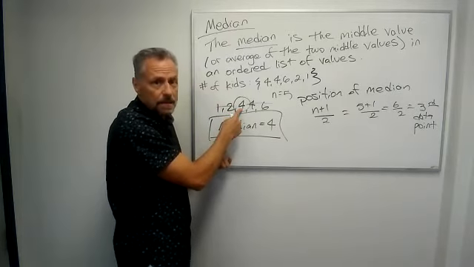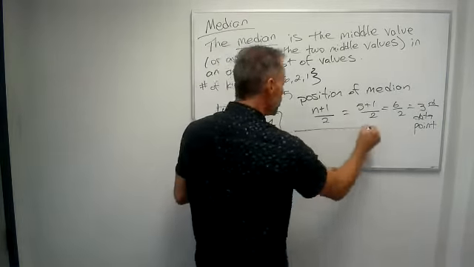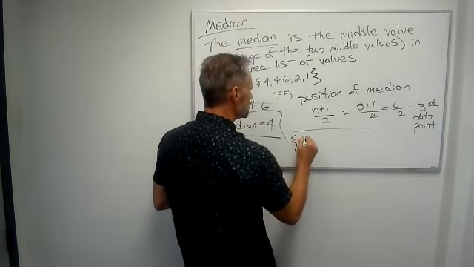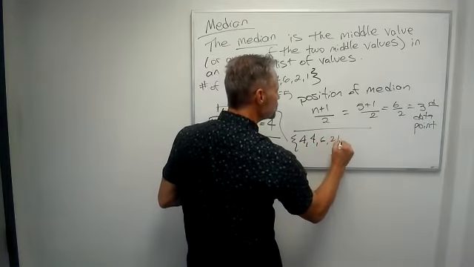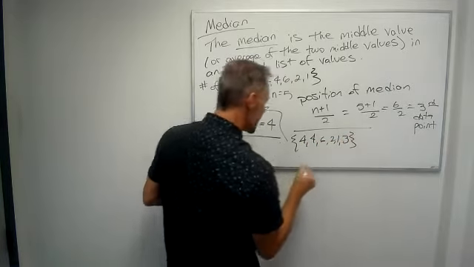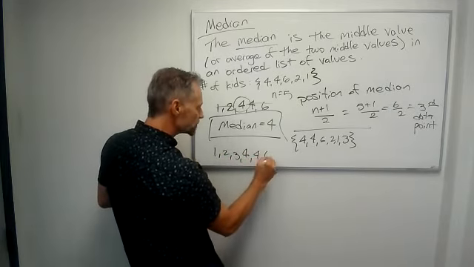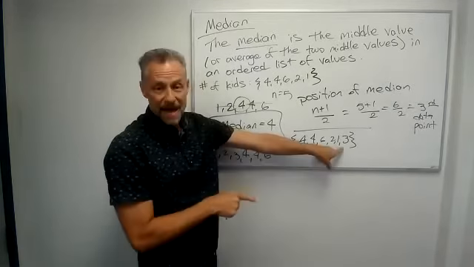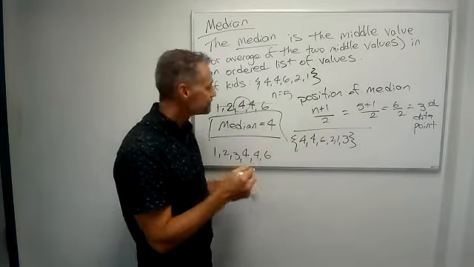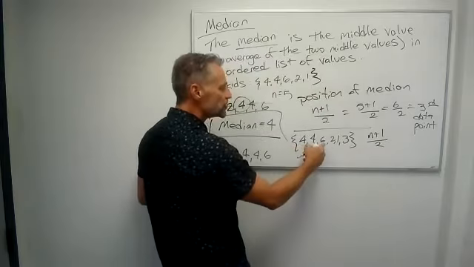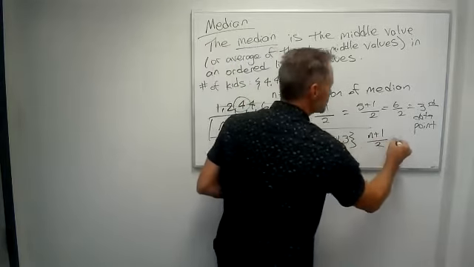That was the median. Now, what I had done before, when I had 4, 4, 6, 2, 1, 3, and I listed those out, 1, 2, 3, 4, 4, 6, there's the order of them. I'm back to being born again. Now, if I do n plus 1 over 2, there's 1, 2, 3, 4, 5, 6 data pieces.